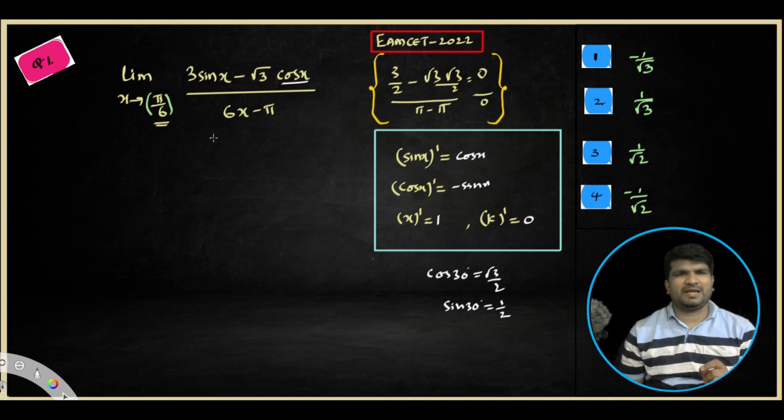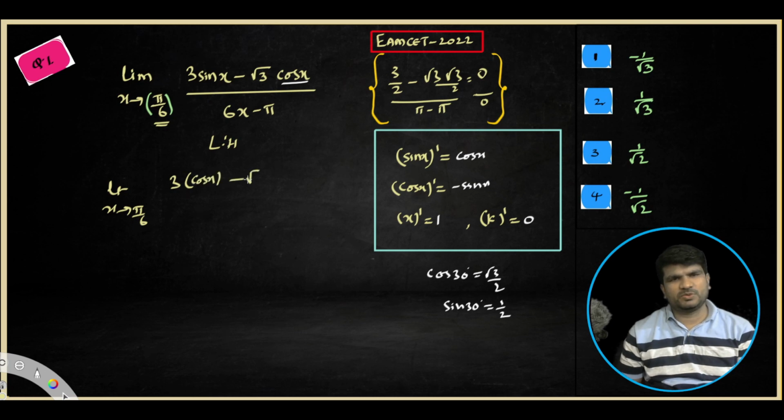So now using L'Hospital rule, limit x tends to pi by 6, 3 times the differentiation of sin x, which is cos x, minus root 3 times the differentiation of cos x, which is minus sin x.